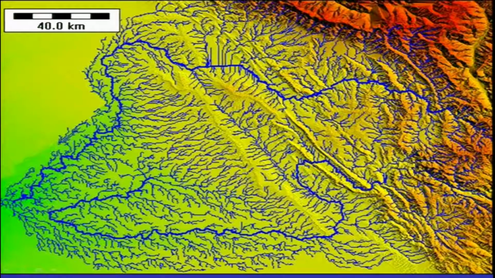The darker blue is your major channel, which is flowing along. In some places you will say this is a trellis pattern, then it is crossing this ridge line, so this is your antecedent drainage. Similarly, you are crossing the ridge line here in a folded belt. This is an antecedent drainage.